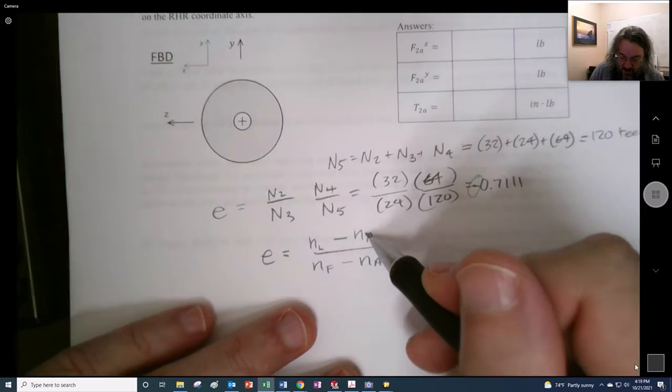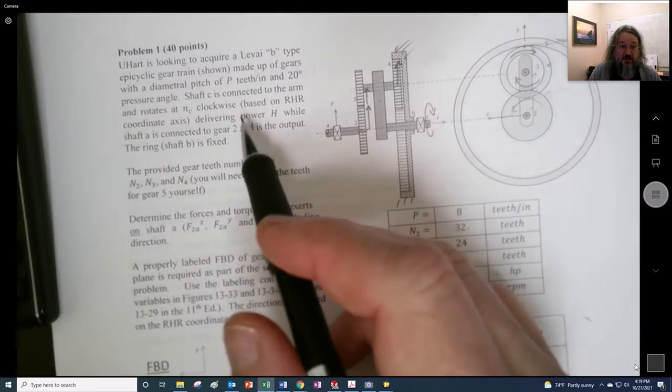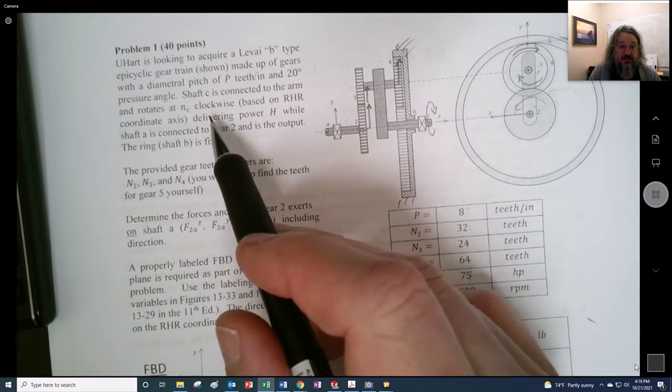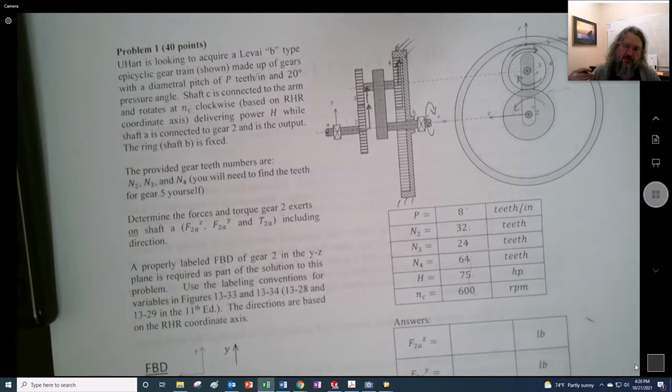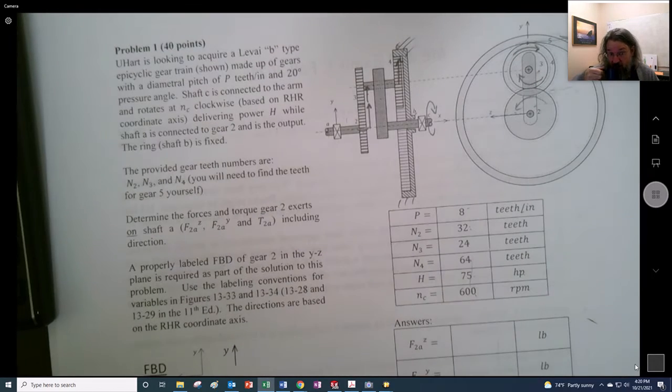So in this case, the arm is our input, and they said that it's clockwise. So let's make negative clockwise. Why not? That's just sort of the standard thing to do, right?